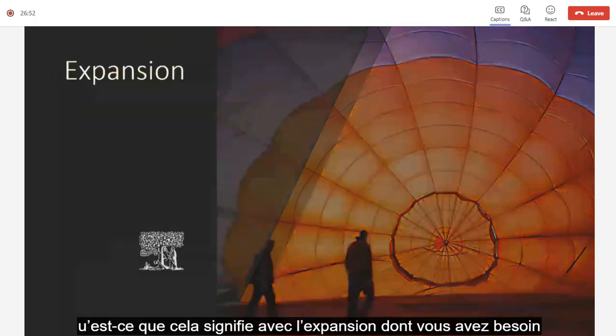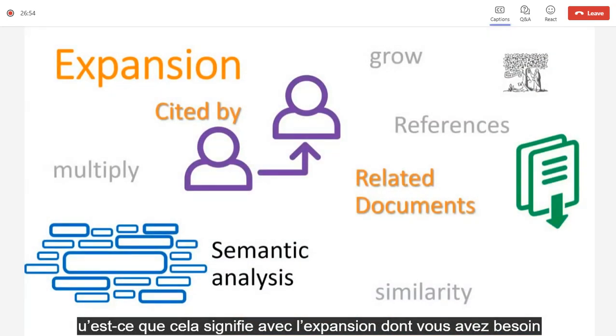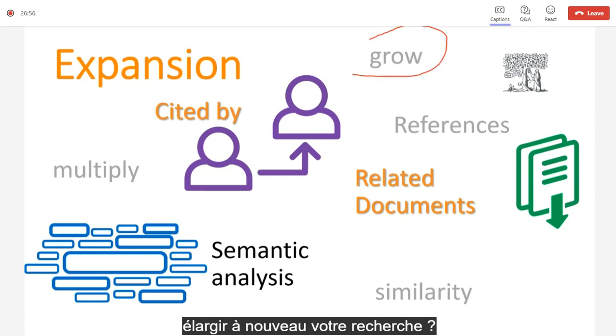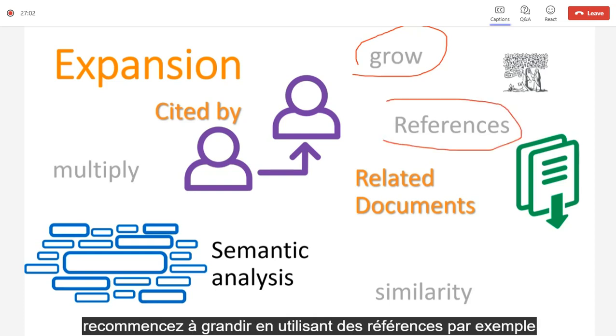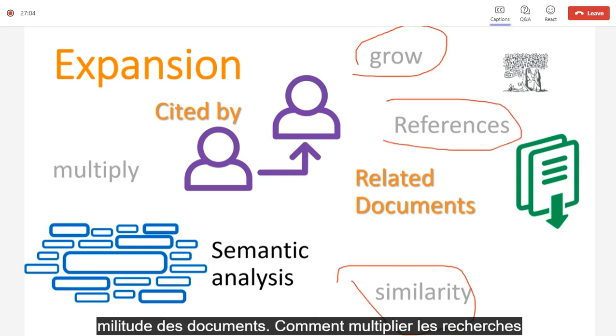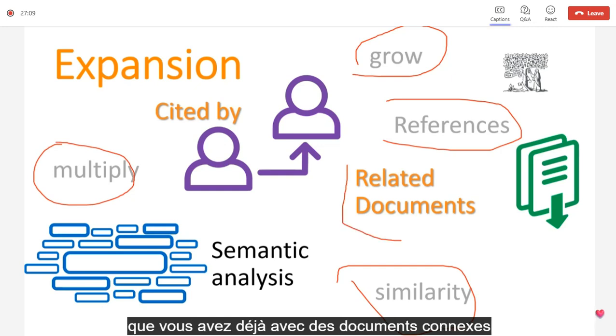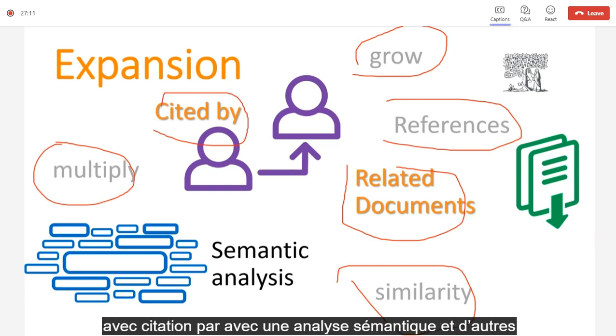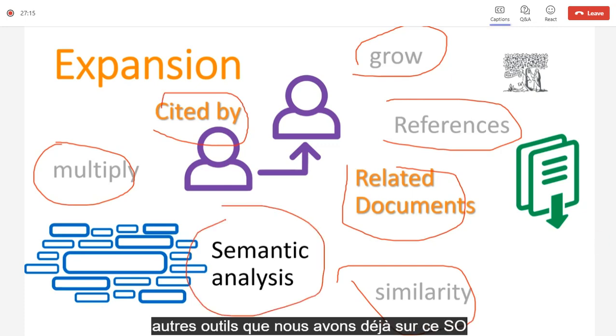And what does the expansion mean? You need to grow your search again, move it a little bit further, and start growing again, using references, for example, similarity of documents, how to multiply the searches that you already have with related documents, with cited by, with semantic analysis, and other tools that we already have for this.